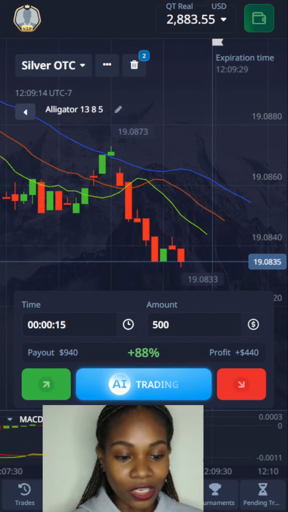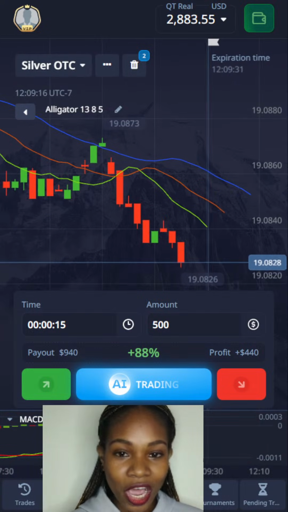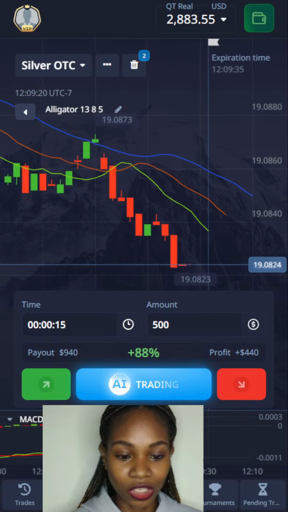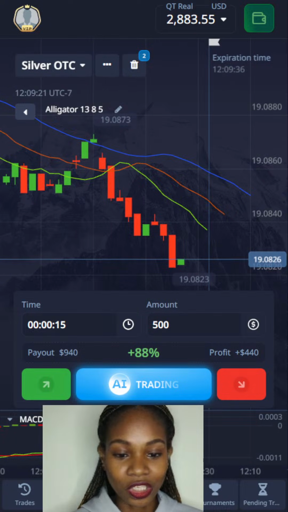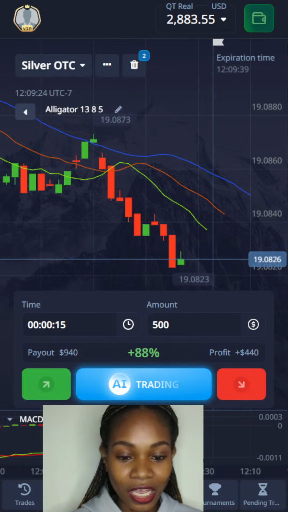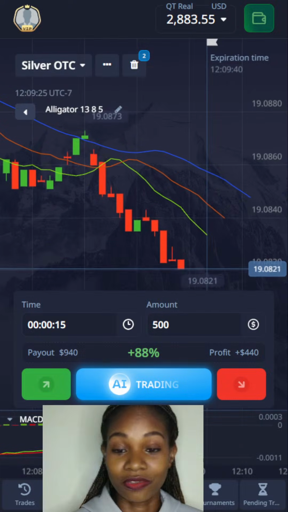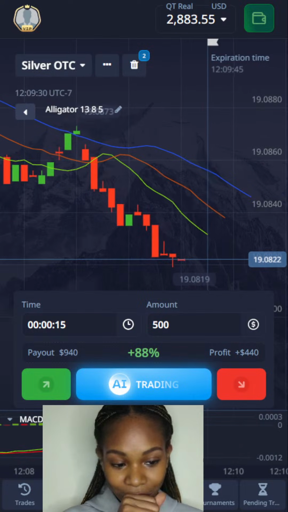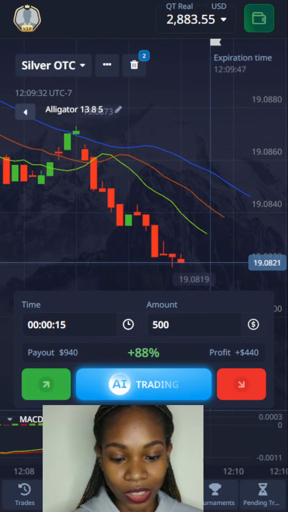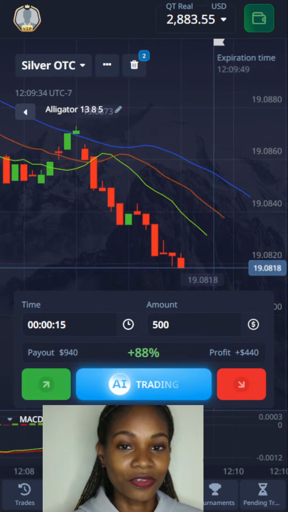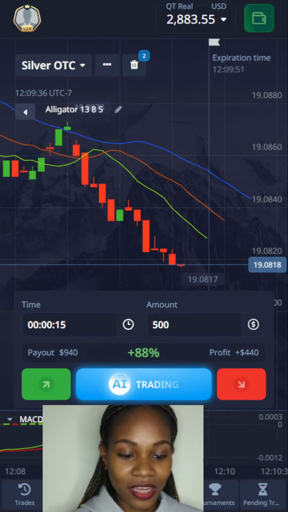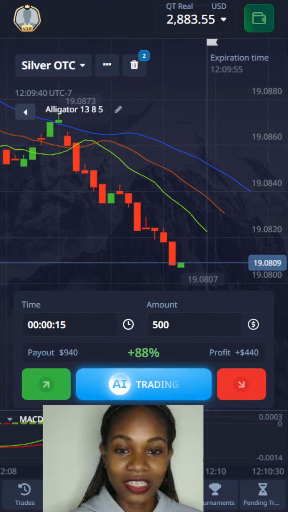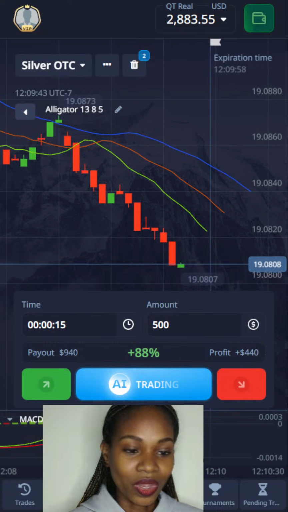With small time frames, it's very easy for us to use these particular indicators. That's why you are seeing I'm at 15 seconds. We are looking at 5 seconds, 15 seconds, 30 seconds, 1 minute.